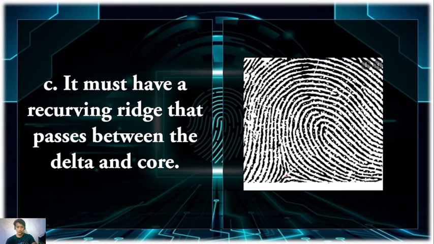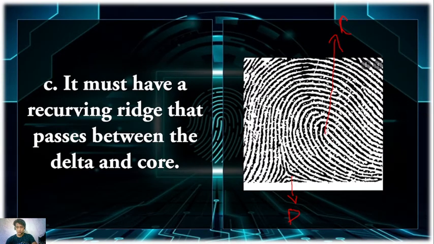So again, we said a while ago that our delta is located here. This is the delta, symbolized by the letter D, and here is the core. Just to show this requisite of a loop, it says here that it must have a recurving ridge that passes between the core and delta.